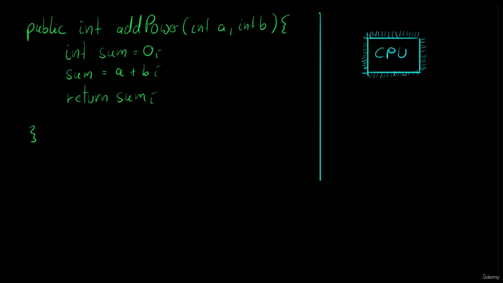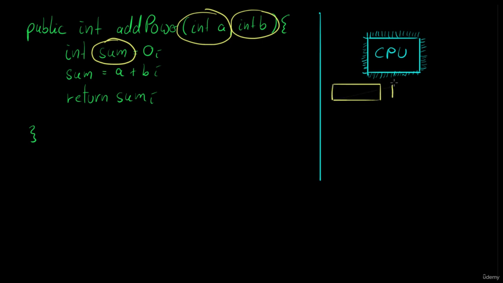Alrighty. So the CPU doesn't understand things like int a or int b, or a variable named sum. What the CPU understands are registers. So a CPU has a register, and this one, for example, or this one, or maybe also this one here. And these registers are some kind of placeholders for these values or variables.